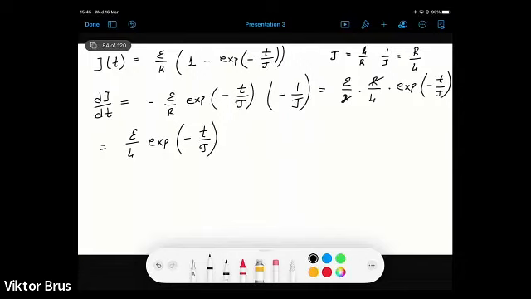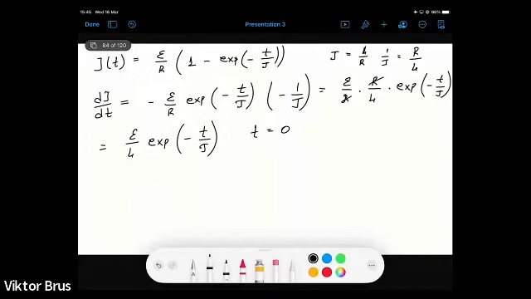And we see here that the maximum change of electric current will be actually when t is equal to 0.